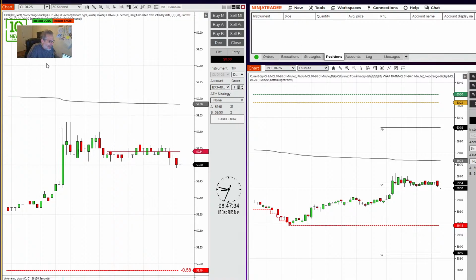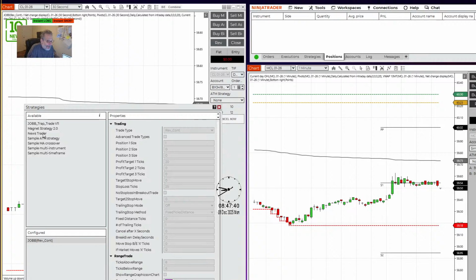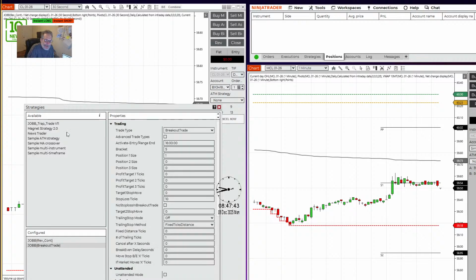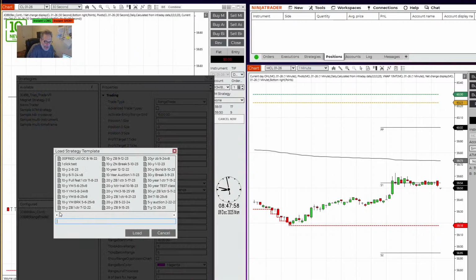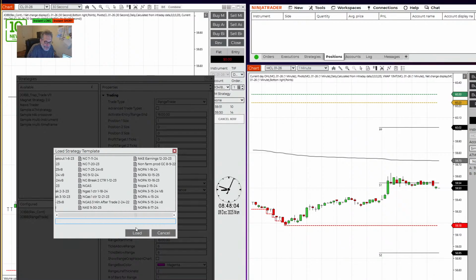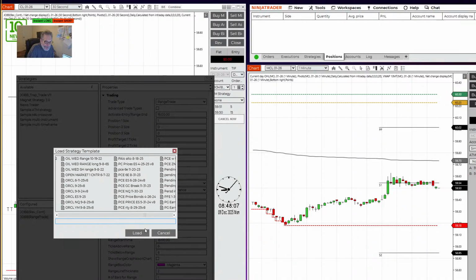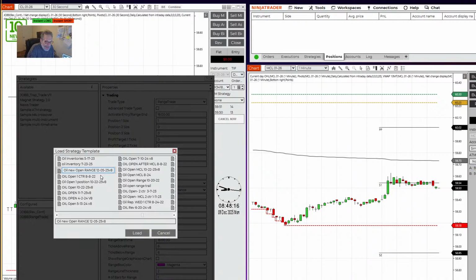Let's set up our range trade on oil. Right click strategies, double click news trader, turn it into a range trade. Breakout becomes range, but we're going to go to template, load, and I'm going to look for my oil open, oil new open range, and we're going to right click it, rename it with today's date.